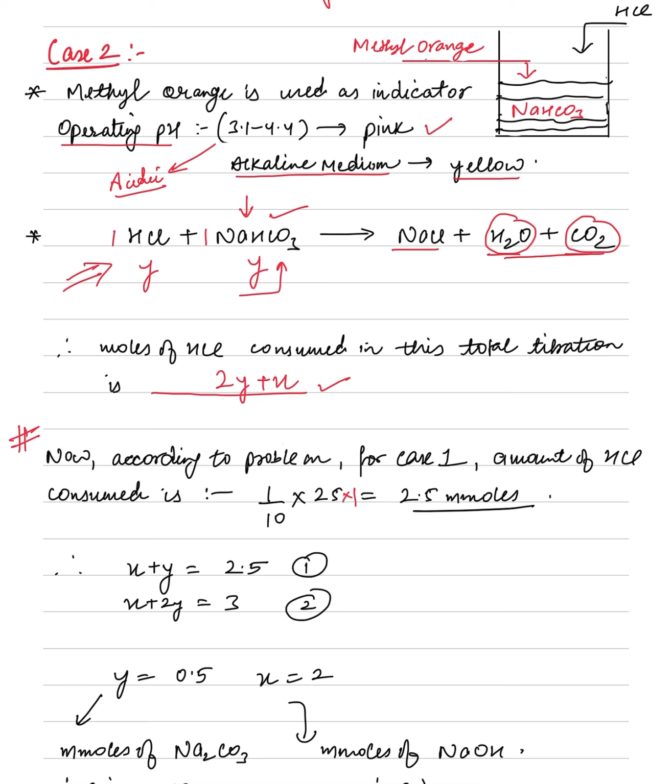N factor of HCl is 1, so it will be 2.5 millimoles. Why are we taking millimoles? Because the volume is in ml, right? So from the phenolphthalein titration, x plus y is equal to 2.5.